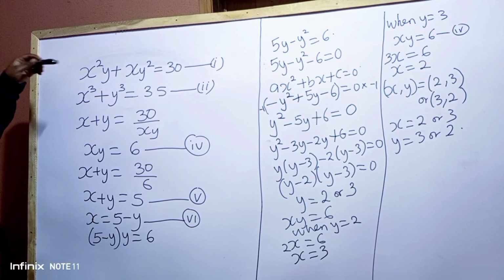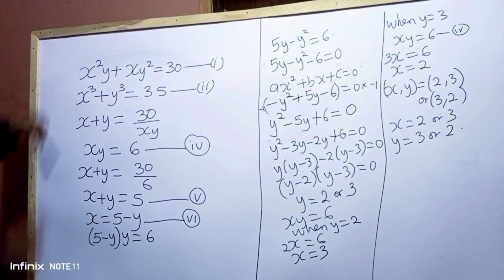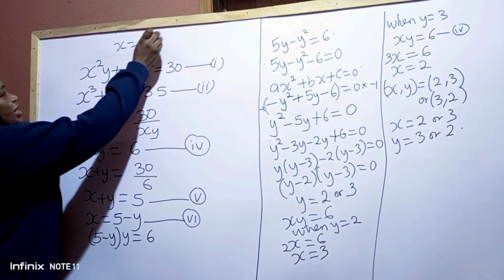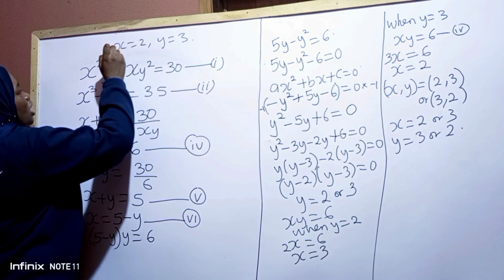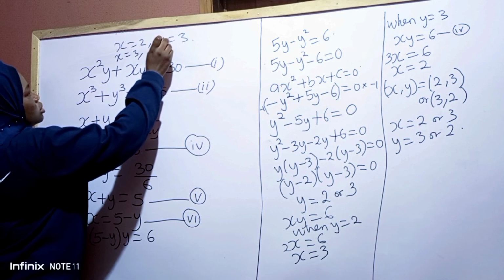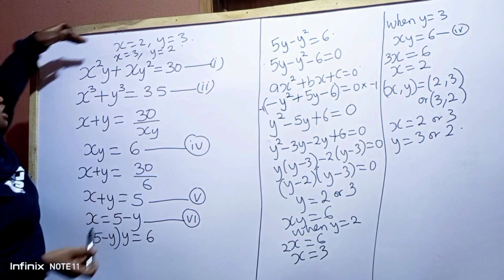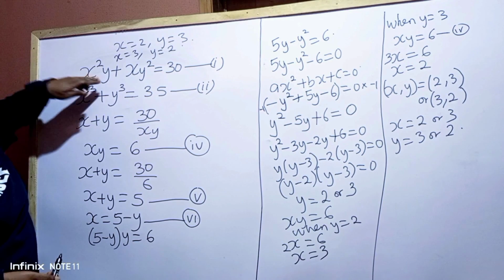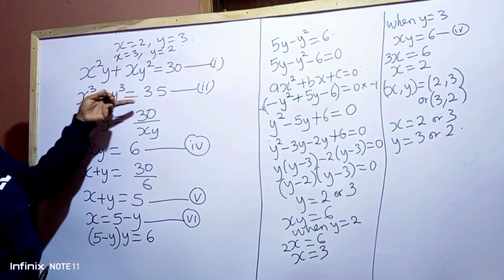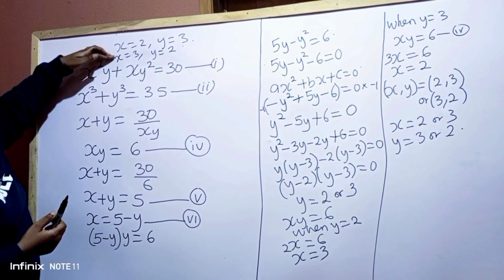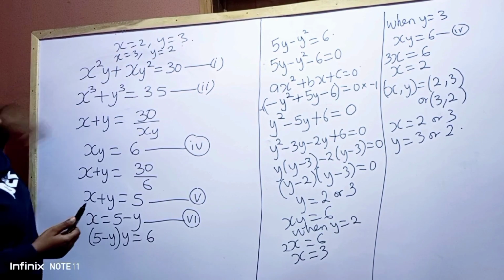Whenever x is equal to 2, y is equal to 3. When x is equal to 3, y is equal to 2. So you substitute it. That is how to do that.